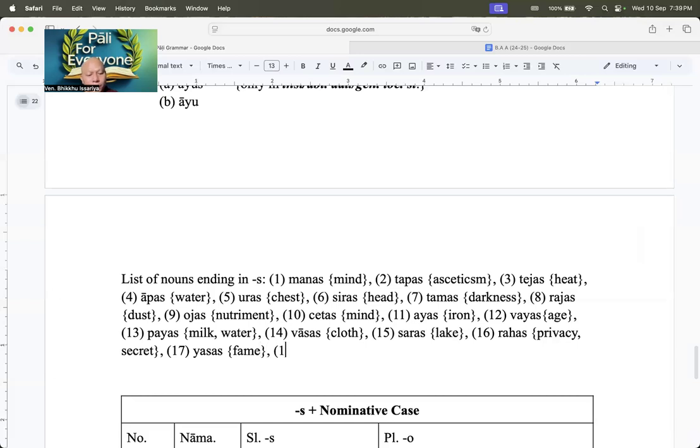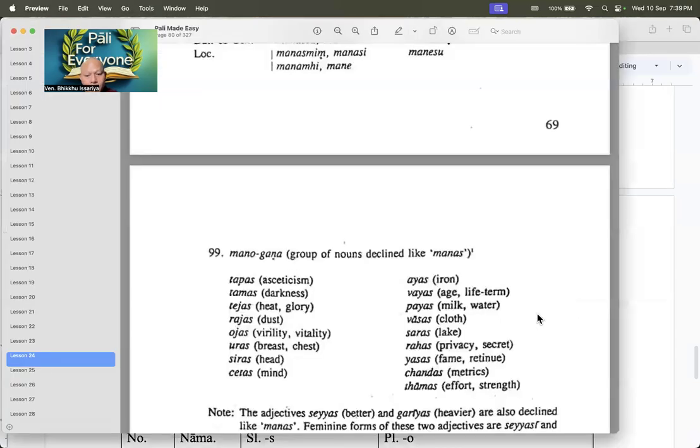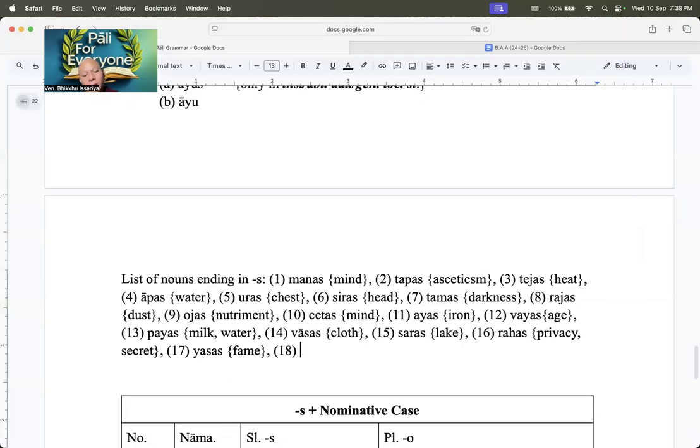And next, chandas. So this chandas is referring to the metric system or poetic system, the rules of how to form a poem in Pali. That is chandas. It's a metric.